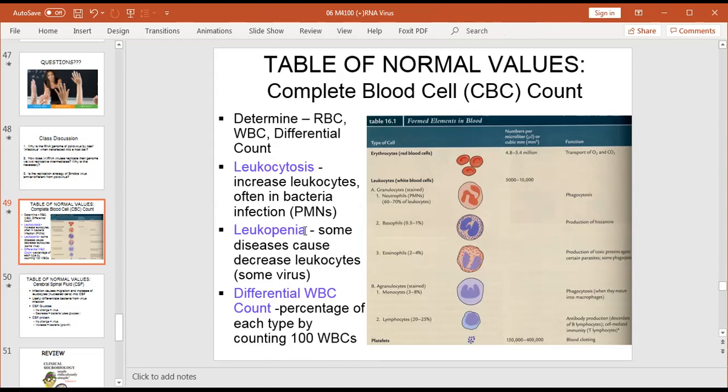We call this leukopenia. And differential white blood cell count is basically visualizing these under the microscope, when we count 100 white blood cells only, and then obtain the percentage of each type of white blood cell.